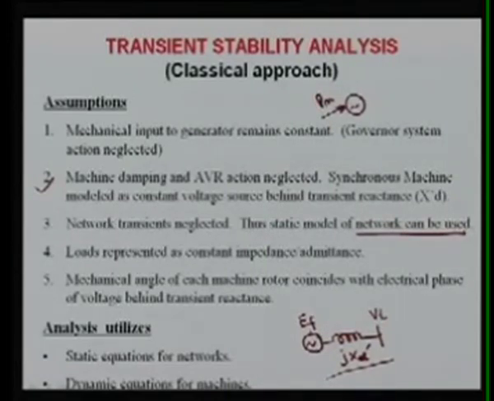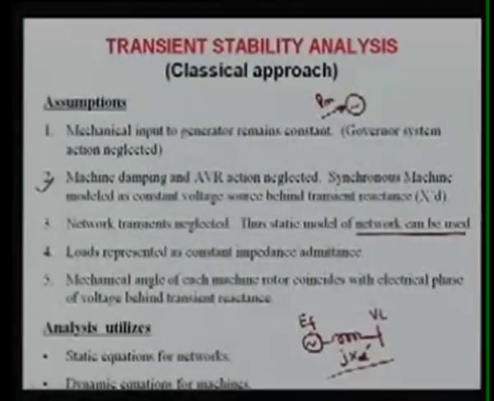Load also may have some dynamics. For example, an induction machine load will also change with the change of voltage as well as the change in reactive power requirement. But in this classical approach, we model load as a simple impedance or admittance. The mechanical angle of each machine rotor coincides with the electrical phase of the voltage behind the transient reactance.